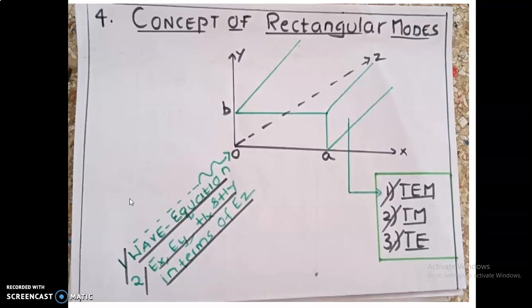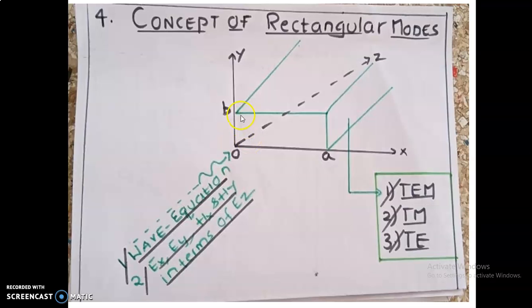In the next slide, I keep repeating the same point just to give a clear idea that in all the topics we are going to take only rectangular waveguide. That is a common point to understand. Now the question is who is going to enter the rectangular waveguide? We are going to make the wave equation enter. Once it enters, what happens?